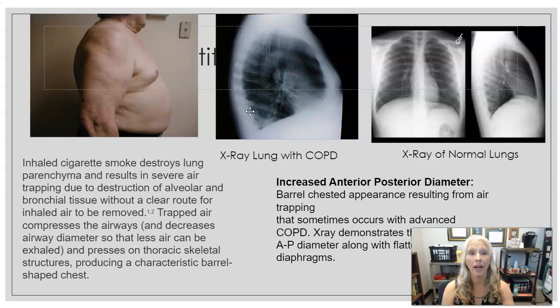The lungs are already as inflated as they can get, plus they've got all of that stretched out or destroyed alveolar tissue that's trapping air, and then the compressed airways. So it's very, very difficult for a COPD patient to get air out of their lungs.